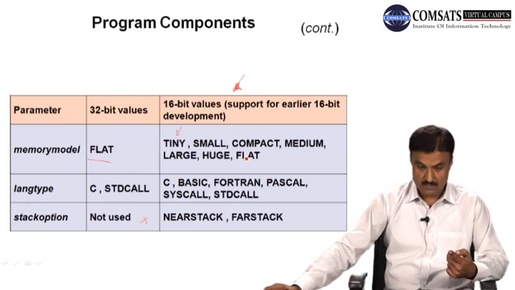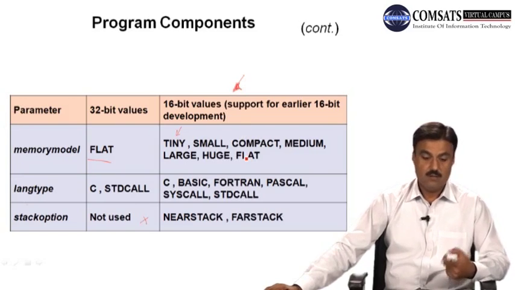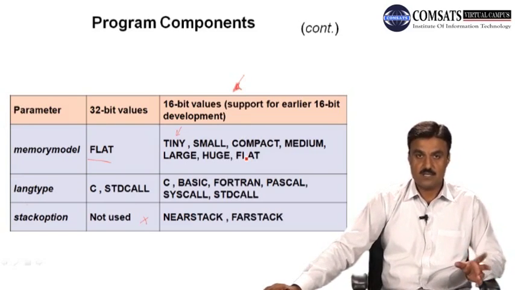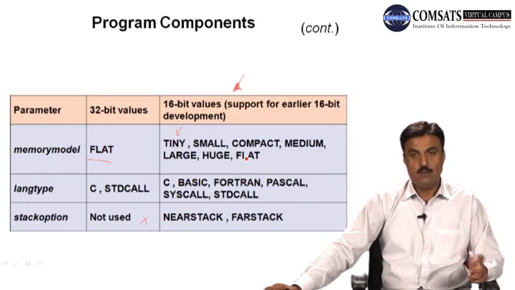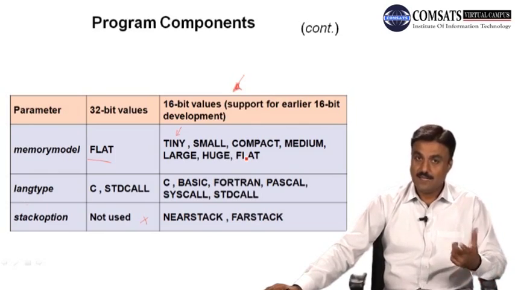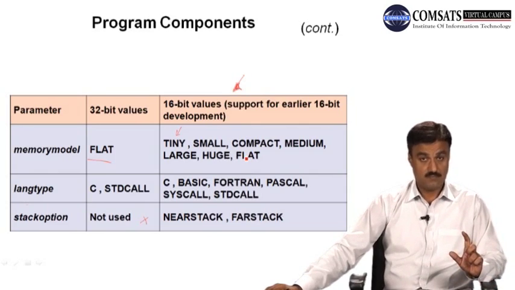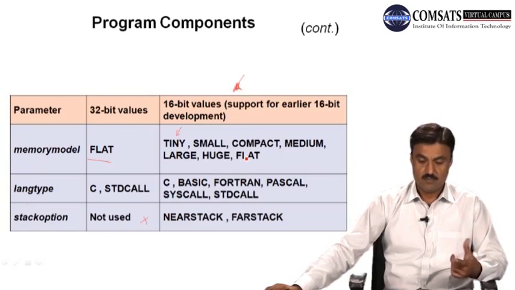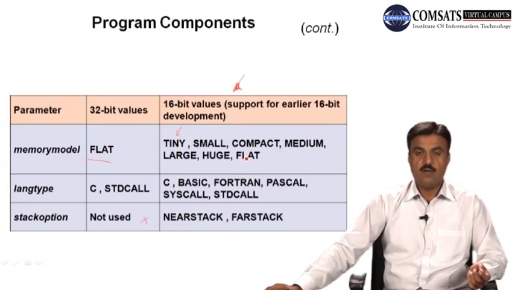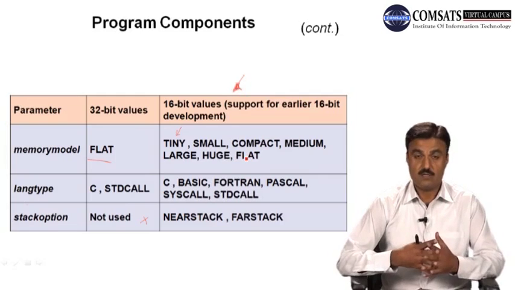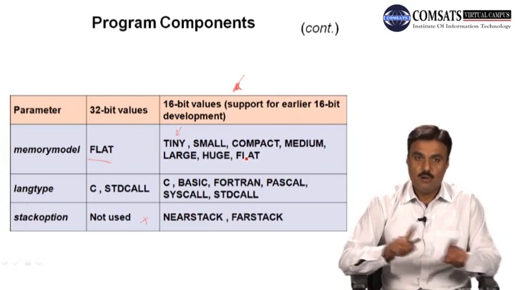So when we use 16-bit values, we will definitely use all these segments: stack segment, code segment, data segment, and extra segment. In that case, you can use CS, the code segment, along with some offset to access it. But if you see in our previous lecture, we never used the stack segment, the data segment, or the code segment along with an offset.